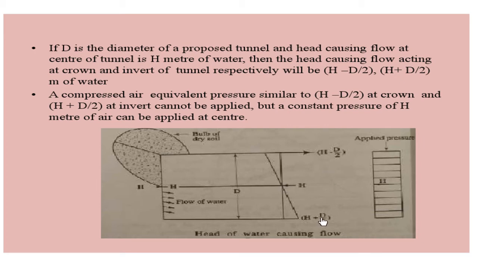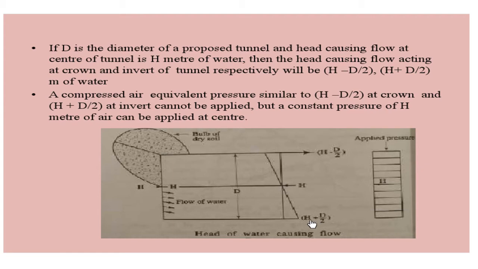An excess is here, and here the actual value is h plus d by 2, but what we are giving is only h. That means there is a deficiency of d by 2 meters of compressed air. Here water is entering, the possibility of water entering is there. So in order to stop that, we are giving compressed air in the opposite direction. Okay.